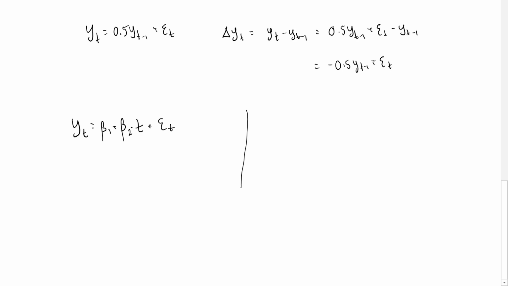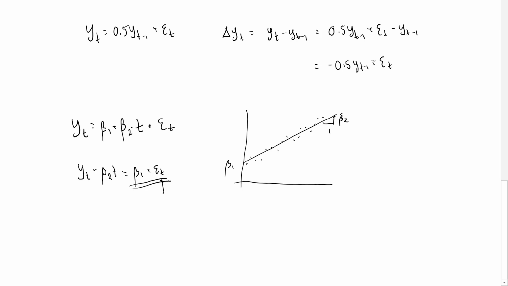So yt will be something like this, beta 1, slope beta 2, and to that we need to add an error term, so yt may look something like this. Then it's not stationary because the expected value increases over time, but it will be trend stationary. And that's simply because yt minus beta 2 t is beta 1 plus epsilon t, and since this is white noise, this whole thing is stationary.